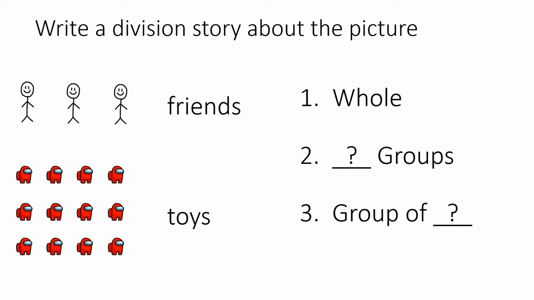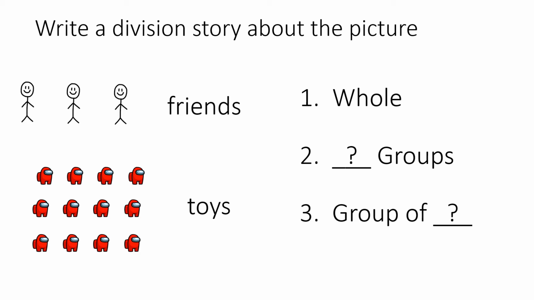So, number 1, whole. Is it the friends or is it the toys? It is the toys. So the whole is 12 toys. Usually the whole will be a lot bigger. How about the groups? What do we do with these toys?